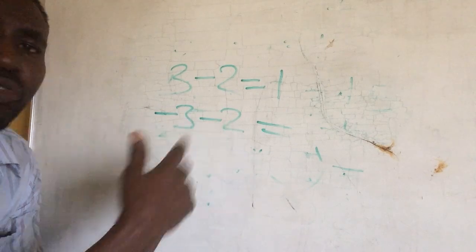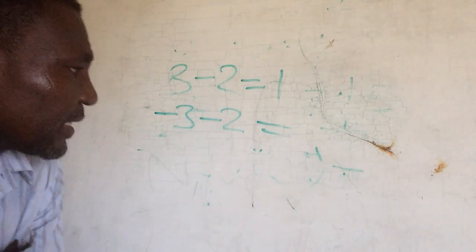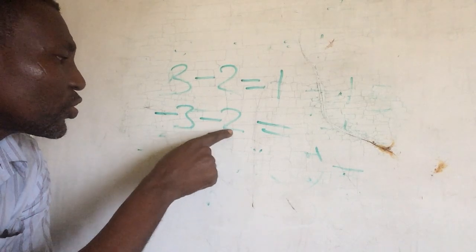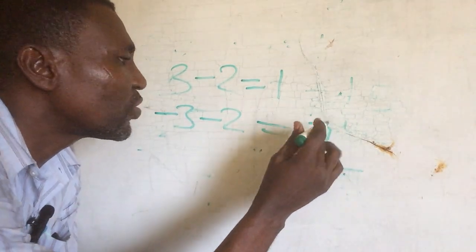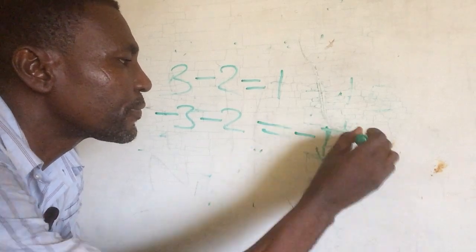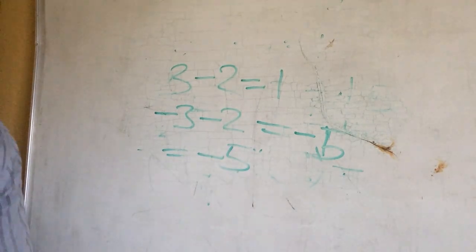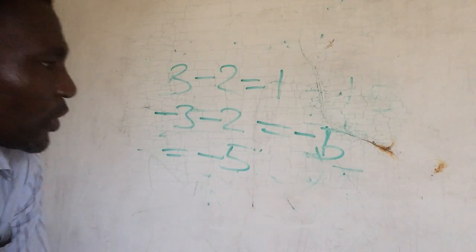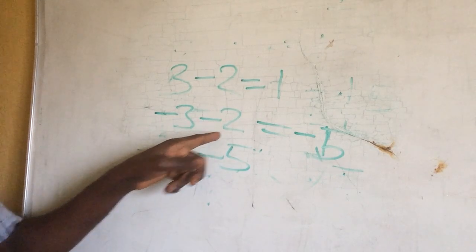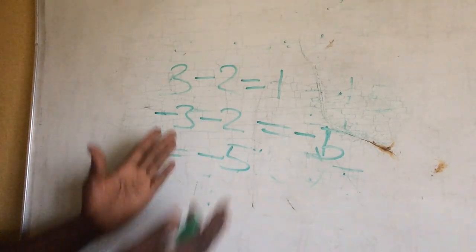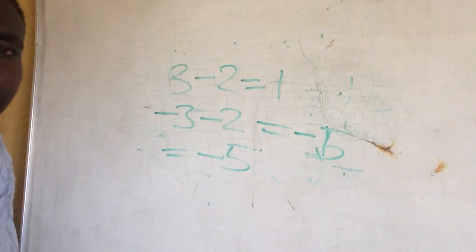You add them together with their minus sign as the answer. 3 plus 2 is 5, so therefore the answer is minus 5. So minus 3 minus 2 will give you minus 5. You just add them together because there's no way you can take away this minus 2 inside the minus.